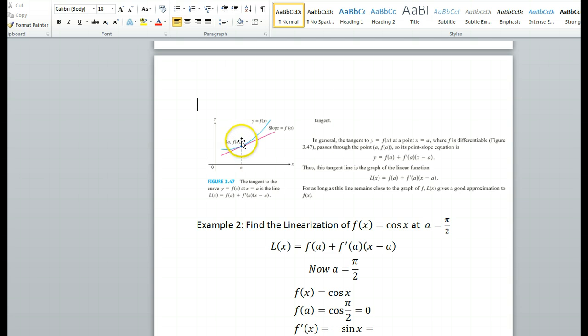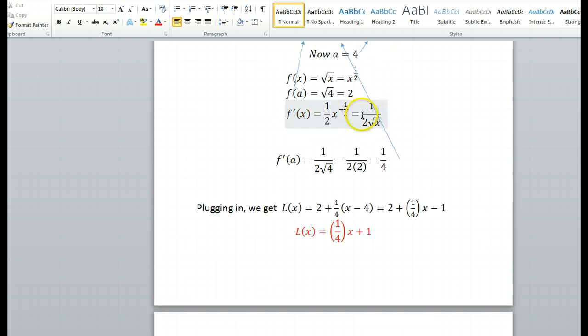Near this point, not globally, but locally, you can approximate the complicated looking curve by a straight line segment. So basically you're taking a piece of the curve and near a point you're approximating it by a straight line segment.